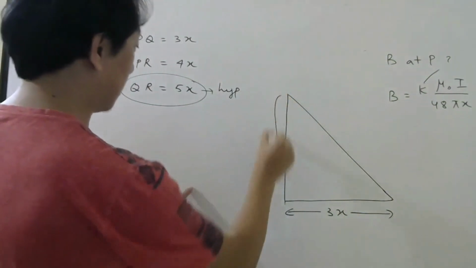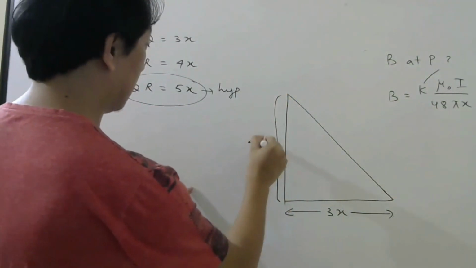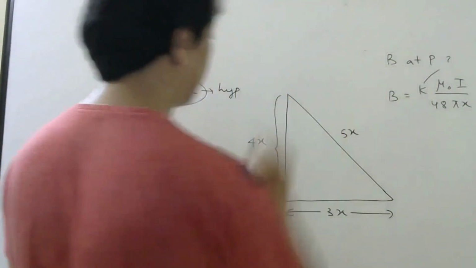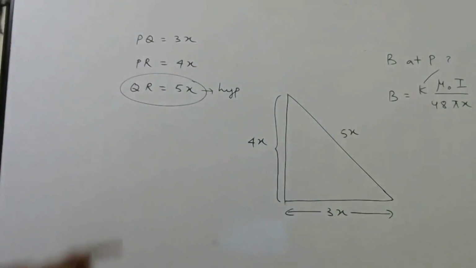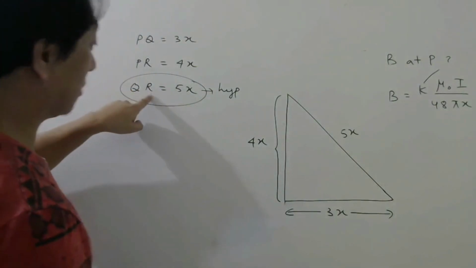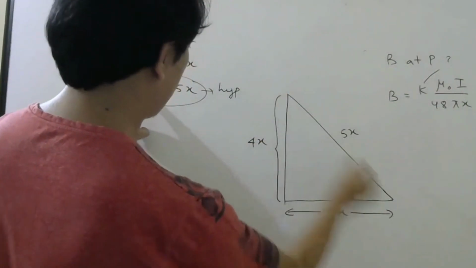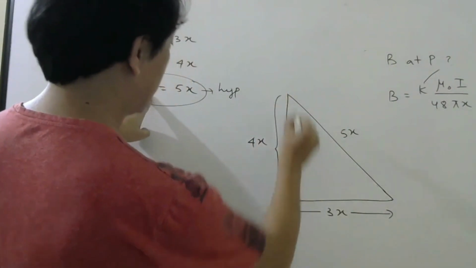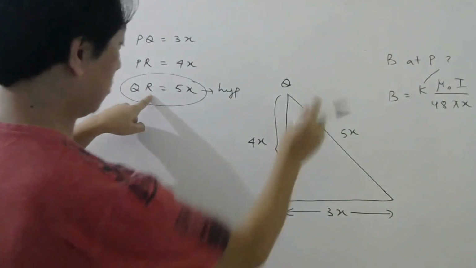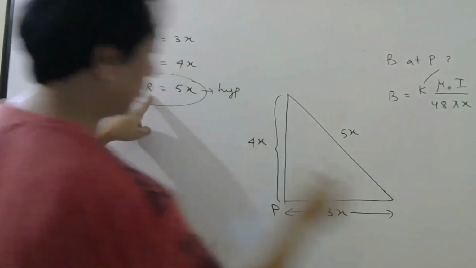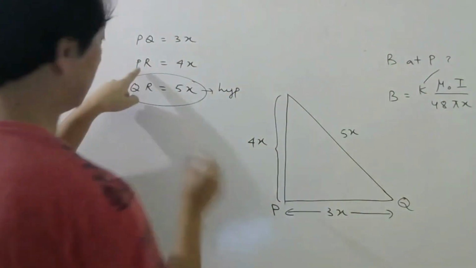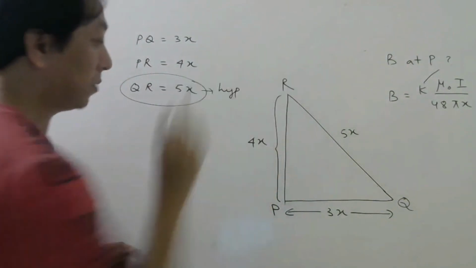This should be 4x. And this should be 5x, right? Hypotenuse should be 5x. Now this is QR. And P should be here. PQ is smaller, so PQ should be here. And PR should be 4x, so R should be here.